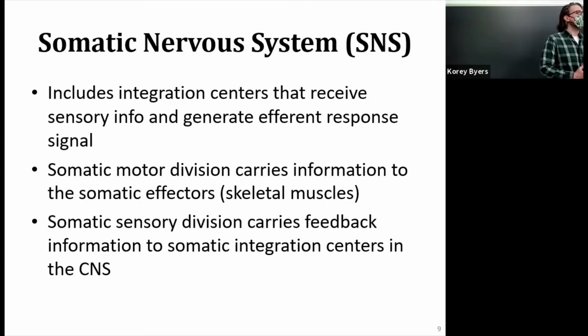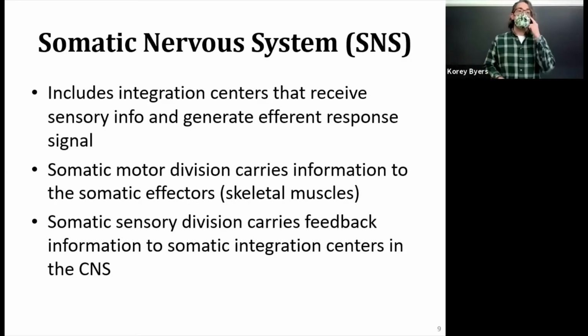If you took biology, we talked about somatic division. Soma or somatic means body. Soma means a body, like a structure. And so soma is in reference to the body itself. And so these are the skeletal muscles, the voluntary structures, things that we can move. And so the somatic motor division carries information back to the somatic effectors down to your skeletal muscles and lets us move them.